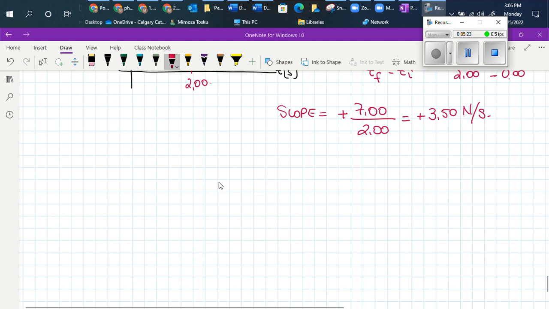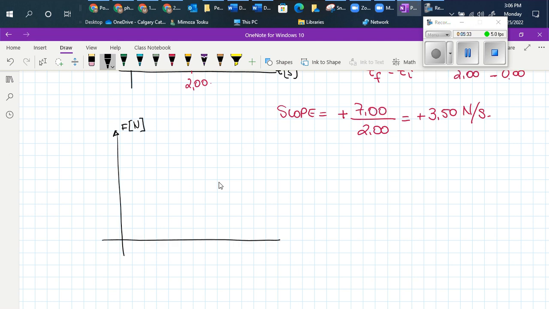Now for a line that is falling down, let's suppose that we again have force in newtons versus time in seconds, and a graph that follows something like this.